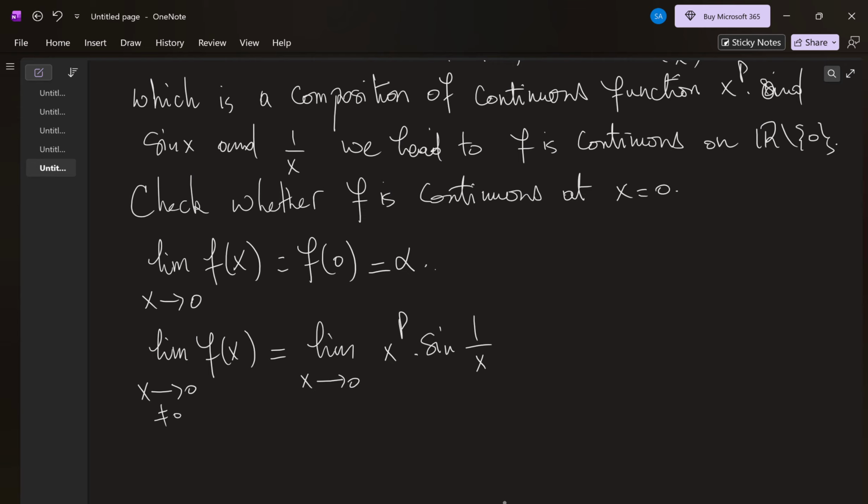In this case, using the equivalence theorem, 1 over x does not have a limit, so in this case the limit simply is equal to 0.